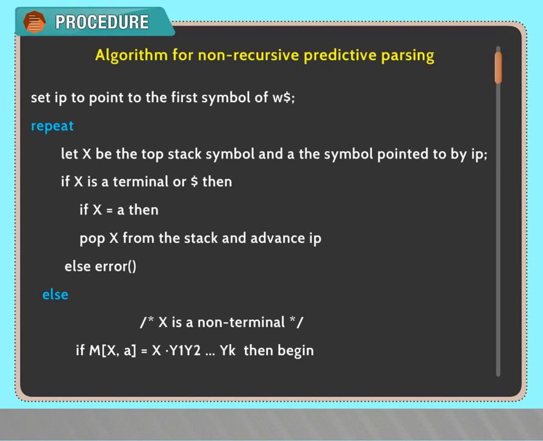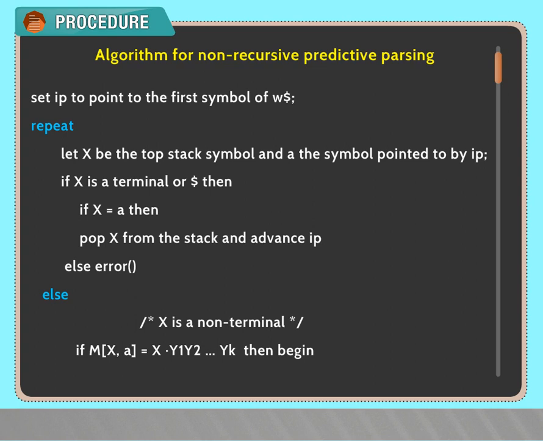Procedure: algorithm for non-recursive predictive parsing. Set IP to point to the first symbol of w$. Repeat: let X be the top stack symbol and a the symbol pointed to by IP. If X is a terminal or $, then if X = a, pop X from the stack and advance IP, else error(). Else X is a non-terminal.